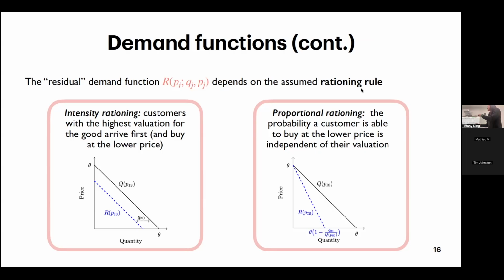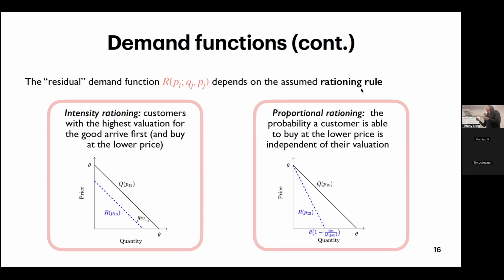And I would say the way I would choose between which assumption is more reasonable is probably just based on intuition. So for intensity rationing, maybe you have a product that people are really excited for, like the release of a new iPhone, and the people who want it most will go wait in line to buy the iPhone.